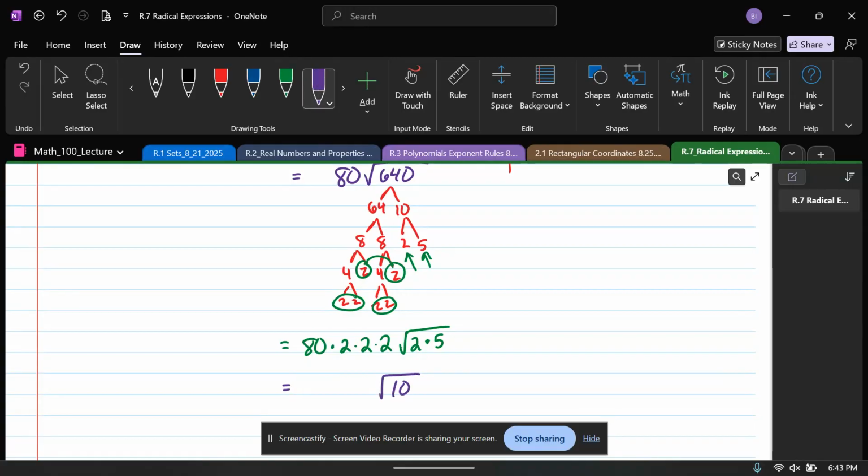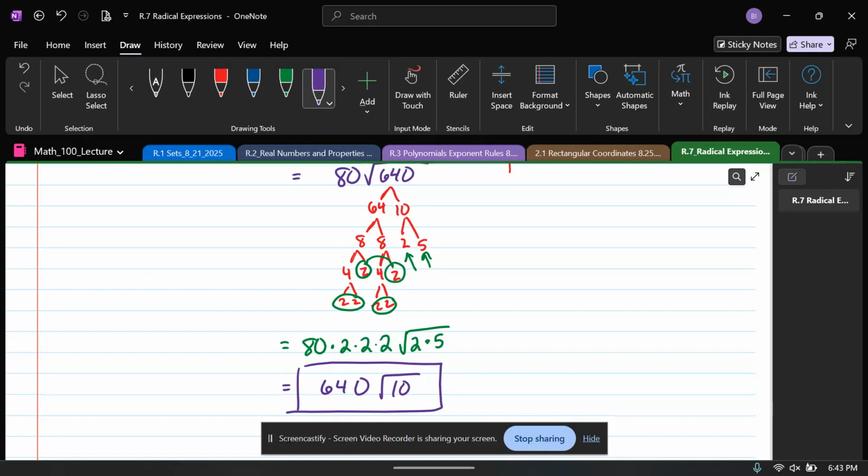On the outside, I got 80 times 8, which happens to be 640. 80 times 2 is 160 times 2 is 320 times 2 is 640. Radical 10.